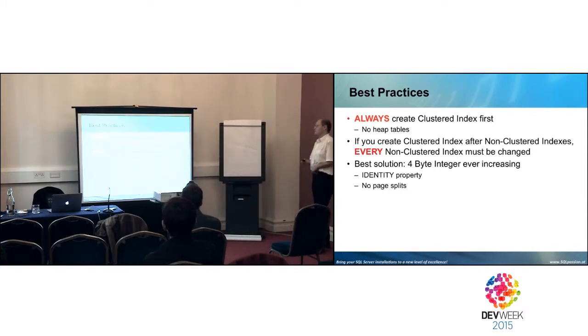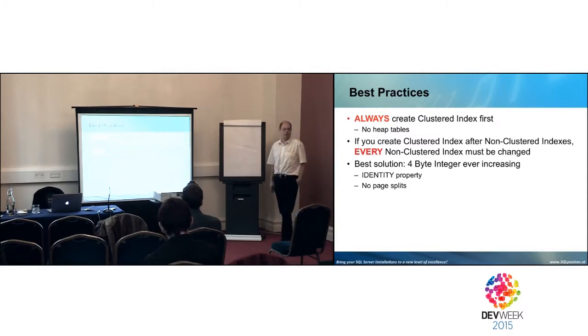That's one best practice, and currently we say the best solution for a clustered key value is a 4-byte long integer value. For example, an int identity column, because it's just small, it's ever increasing. We will see later what that means. It means you have no index fragmentation, no page splits in SQL Server.